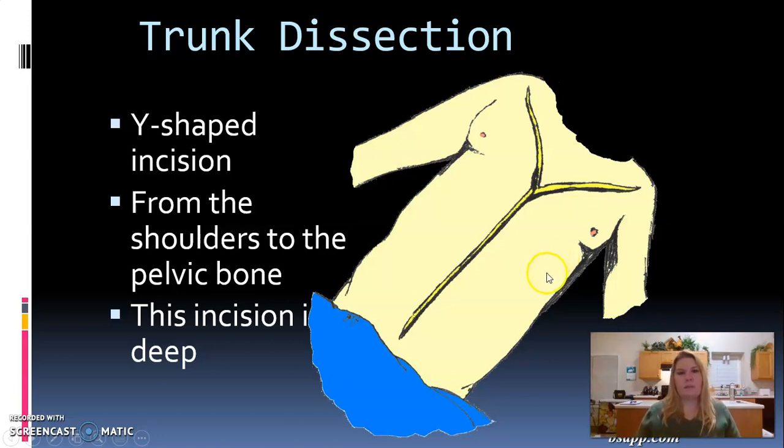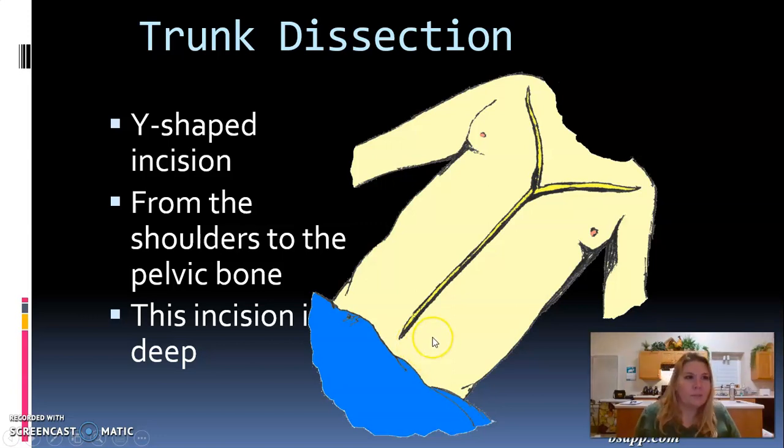So here's the autopsy itself. You're going to start with a Y-shaped incision where you kind of start at your shoulders and you go down to the middle of the breastplate and then straight down from there down to the belly button, essentially the pubic region. And it's a deep incision because you have to get all the way through the skin.